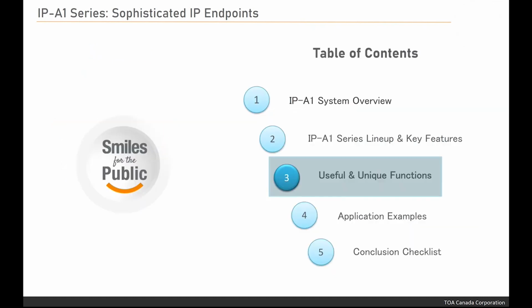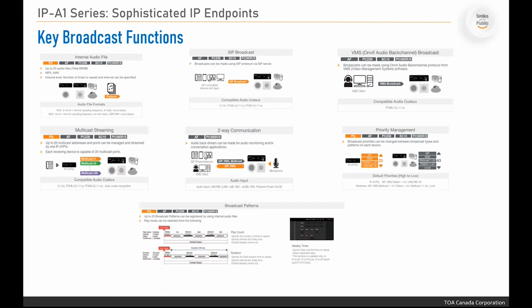Next, we're going to present to you some useful and unique functions for these devices. Starting with the key broadcast functions, we're going to speak about internal audio file storage capabilities, the SIP broadcast, the VMS integration, the multicast streaming, the two-way communication with SIP protocol, priority management, and finally, up to 20 predefined broadcast patterns that can be registered using audio files.